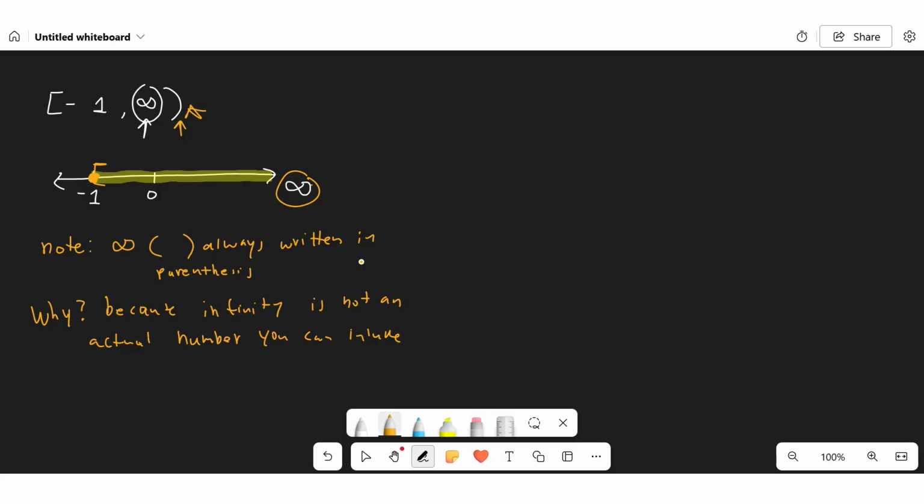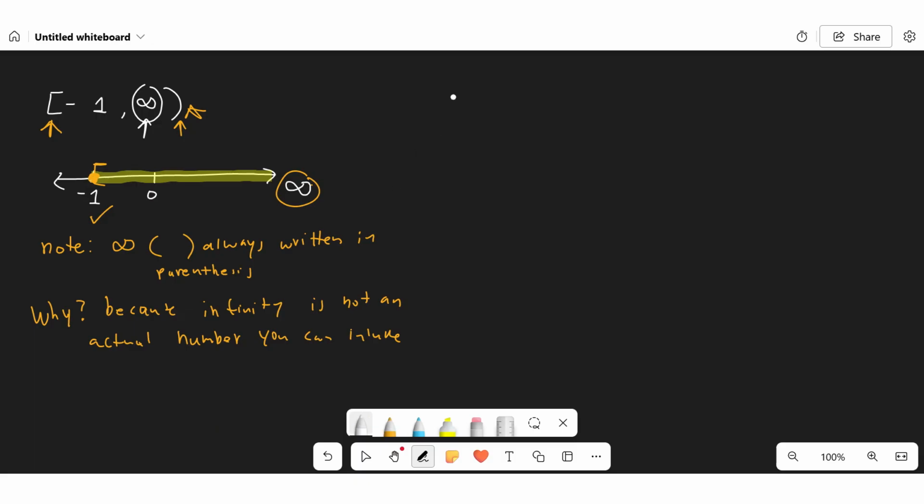So if we were to write the set of this interval, well, -1 would be included, but infinity, well, we cannot find an actual number for infinity, so what should we include? Well, it will be like never-ending numbers that will be in this set.